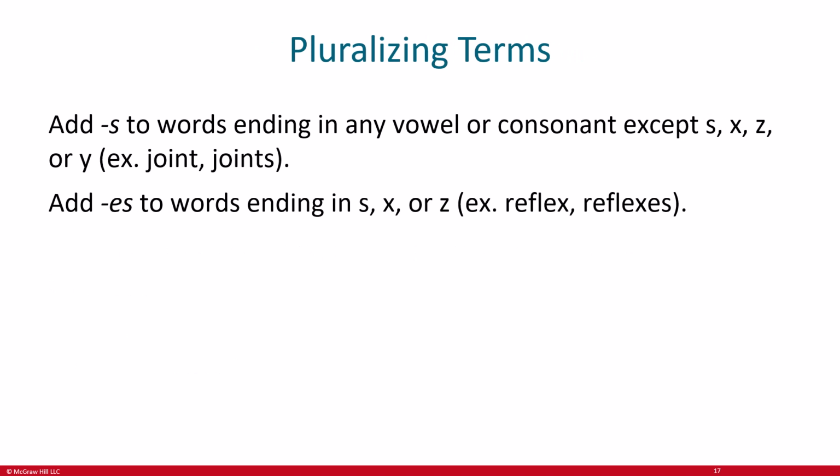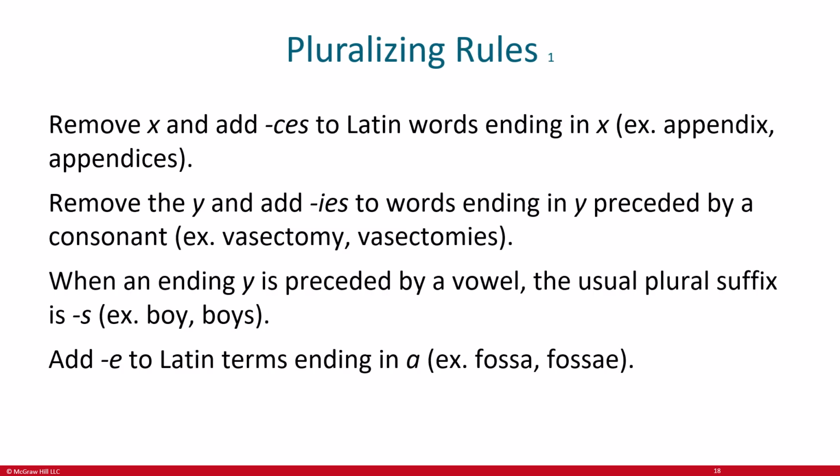Add s to words ending in any vowel or consonant except for s, x, z, or y. So an example of this would be from joint to joints. We can use the s. You're going to add es to words ending in s, x, or z, such as reflex, reflexes. Then we're going to remove the x and add ces to Latin words ending in x, like it goes from appendix to appendices.